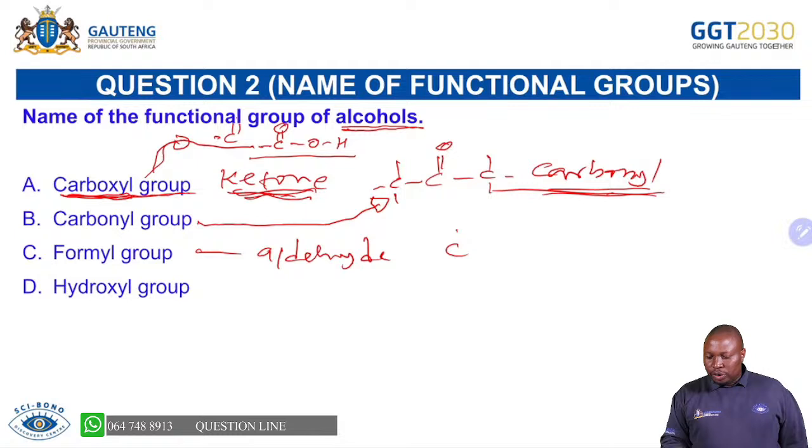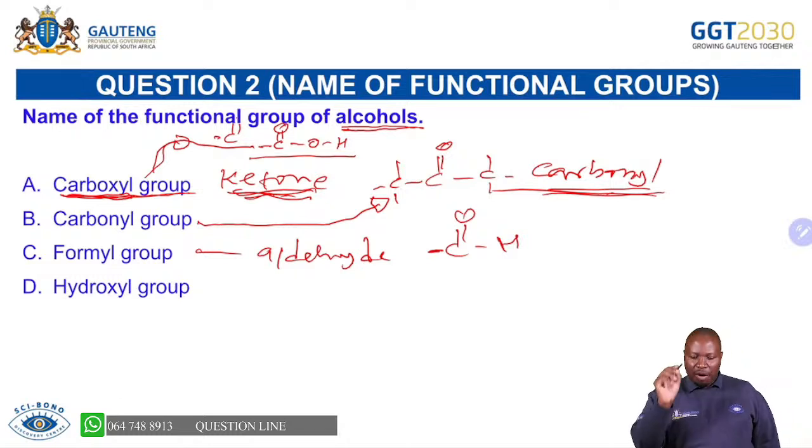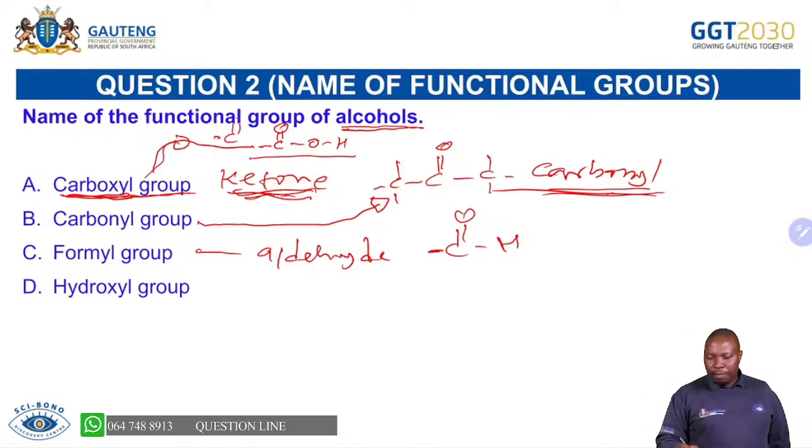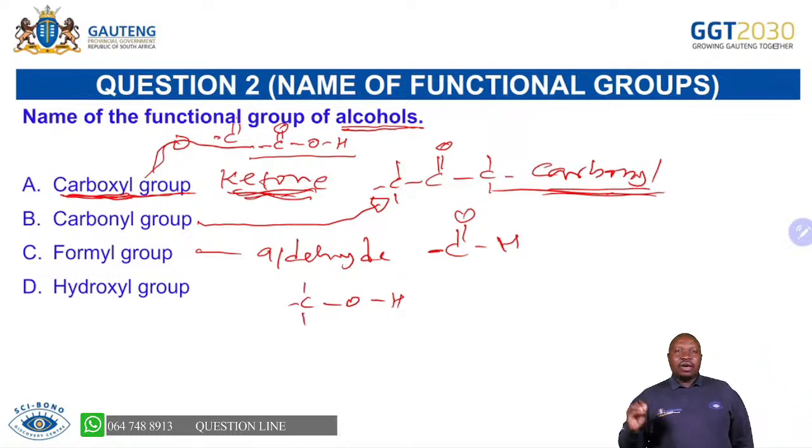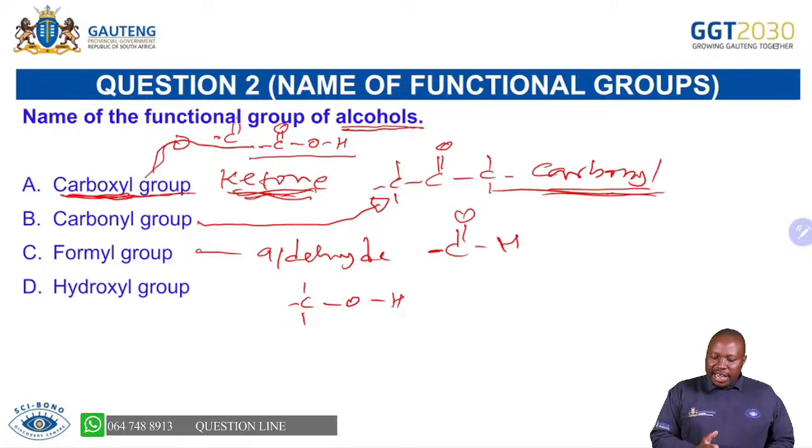Remember, for aldehydes, when you draw the structure, it's a C double bond O bonded to a hydrogen, but all the time the carbon must have 4 bonds around it. A hydroxyl group, remember we're saying it's the OH here, but this OH must be bonded to a carbon, and the carbon must be surrounded by 4 bonds. So with all this, I hope now you know the names of the functional groups.